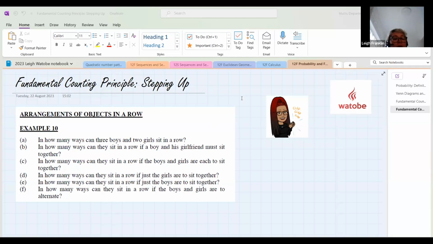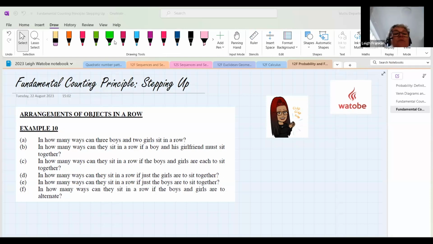Alright, so the first sentence says to us, in how many ways can 3 boys and 2 girls sit in a row? Now, remember, people cannot be repeated like letters or numbers. People are obviously unique, so we would have to use factorial notation in this way. What do you guys think?